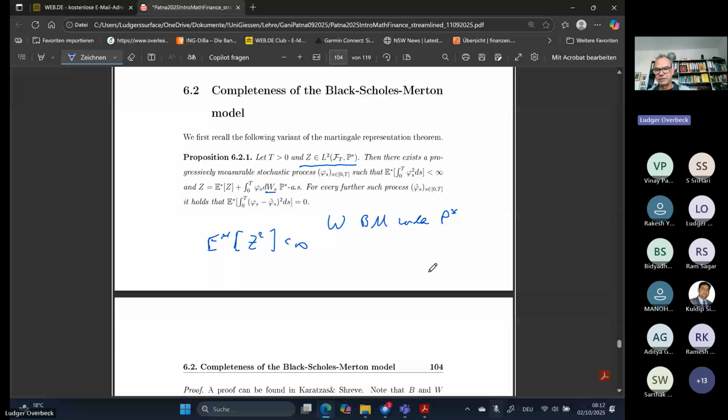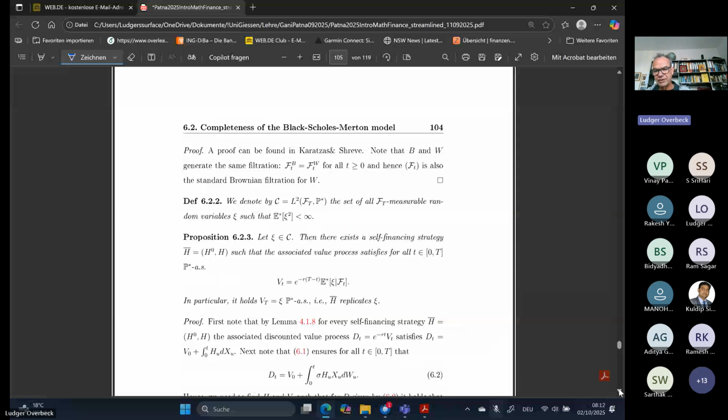So we denote the set of square integrable random variables, F_T measurable. This means measurable with respect to F_T, our basic filtration, the sigma algebra at the final point in time. And then from this representation theorem, we can construct a self-financing strategy.